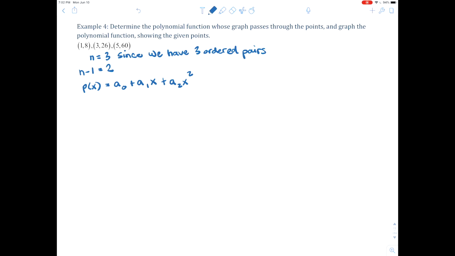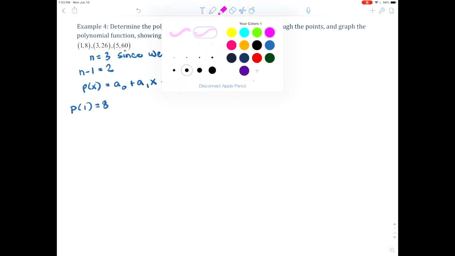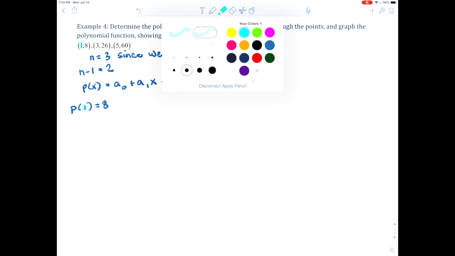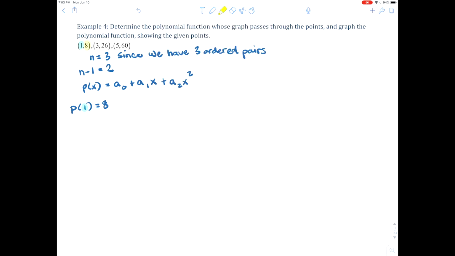So, what have we been given? We've been given that our polynomial evaluated at 1 has an output of 8, right? That's from that first ordered pair. So if we input 1 into our polynomial, we get out 8.